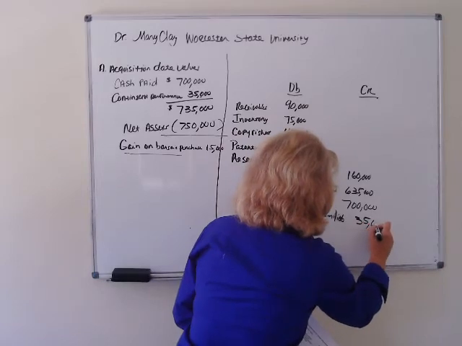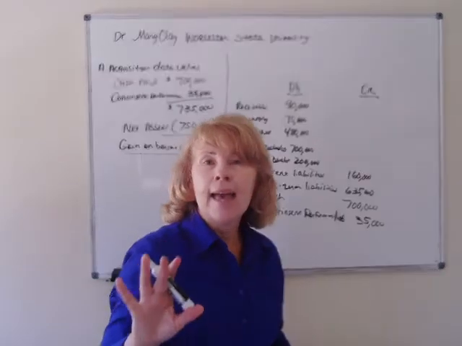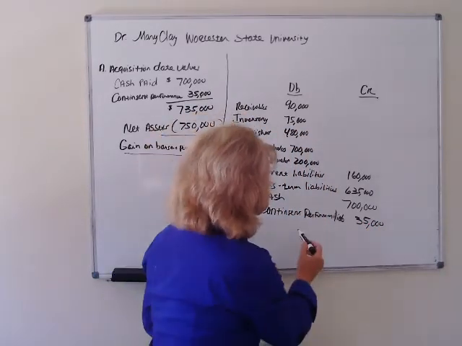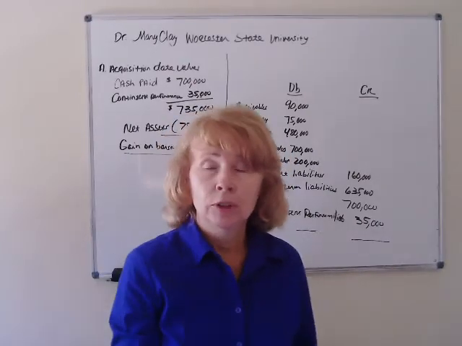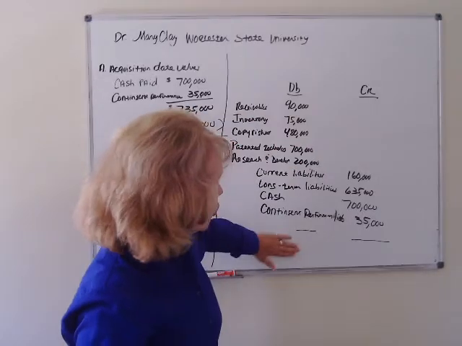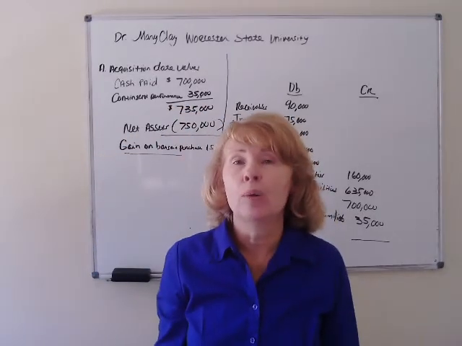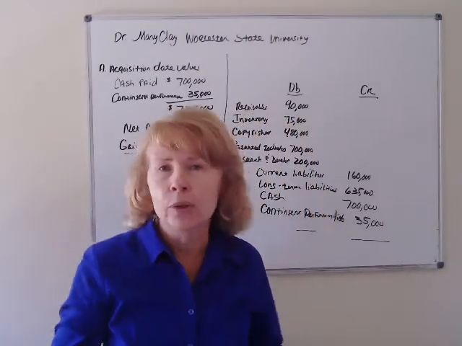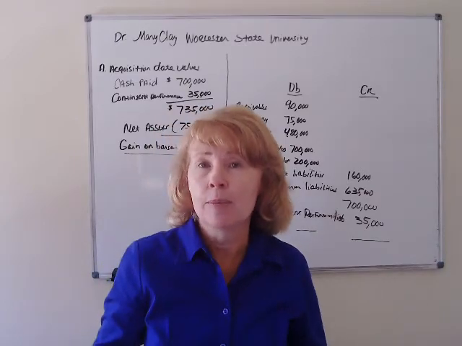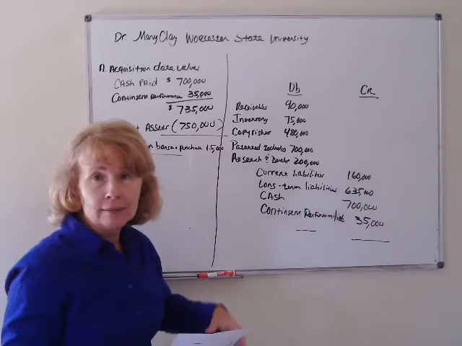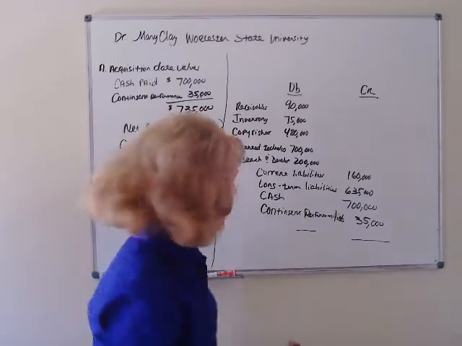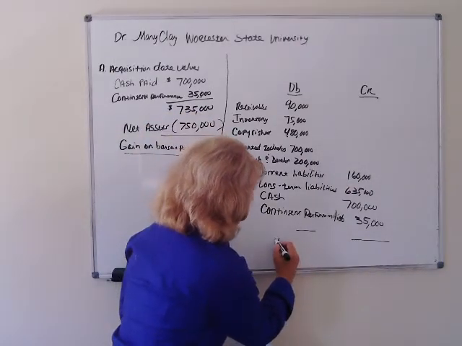All right, now get in the habit of always totaling your accounts. And when you do, you would catch your debits would not equal your credits. And I do this as well when I do these long problems. I forget to make my entry for the gain, all right? And that's how I catch it. Always total these.